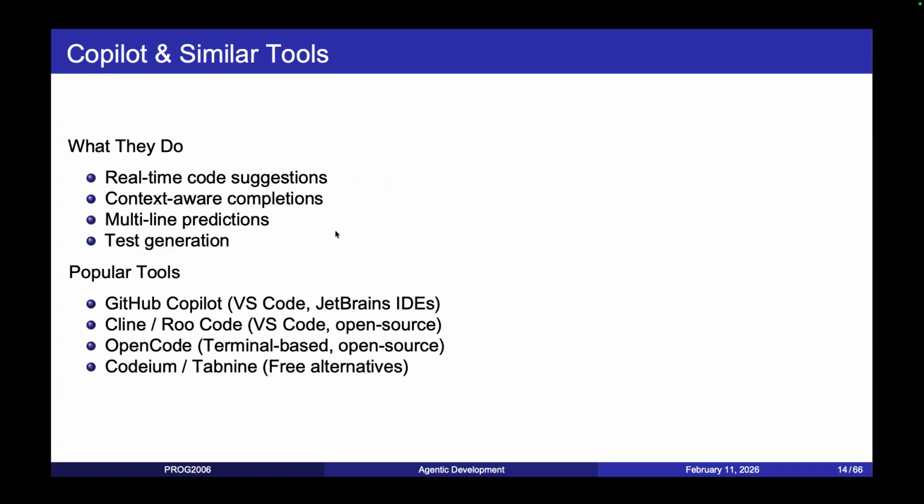Code completion as such is not new. We have had code completion for many years already. It existed in many integrated development environments, IDEs. So it's just a better version of it, and obviously it's useful.